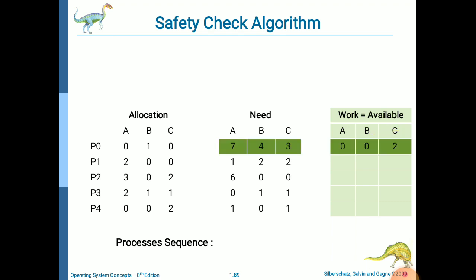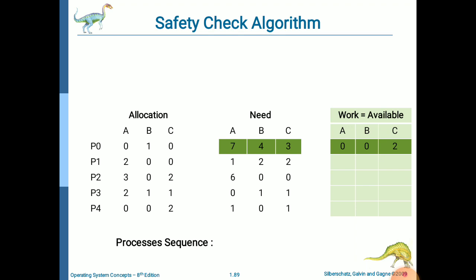Look at the need of P0. Is it possible to allocate with the available resources? No, because the need of P0 of type A is 7, but available is 0. B is 4 and available is 0.